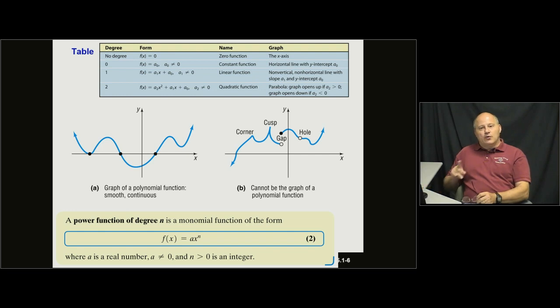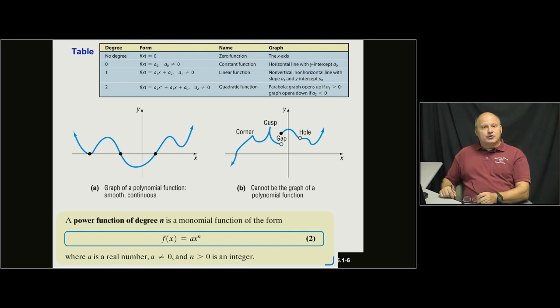Since this one's only going to be one term, they don't put the a sub n. They just let it be a. They could have very well let it be a sub n x to the n, but since there's not going to be more terms anyway, they're being a little lazy here. They call it a times x to the n. The first term of a polynomial expansion is called the power function.